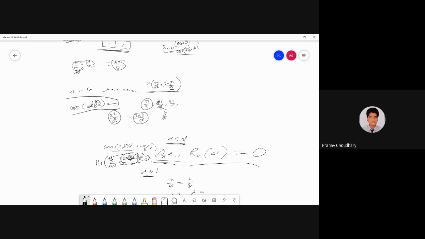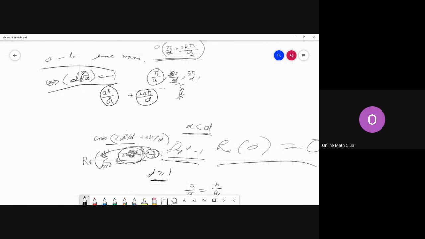How did you get the real part as 0? The whole number evaluates to 0, so its real part is also 0. Can you explain in full detail why the average is less than 0? No, the average is 0. e to the 2 pi a k i, you are summing over k greater than or equal to 0 to d minus 1.